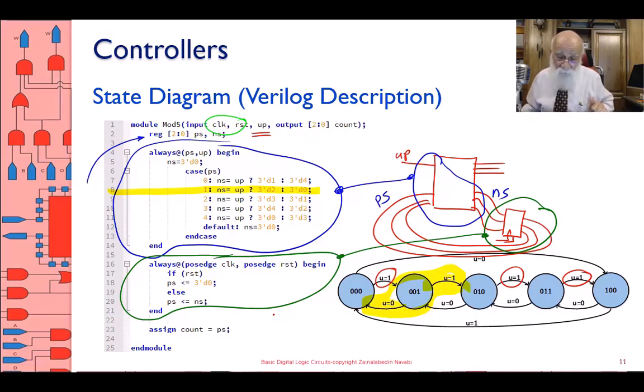I'm also showing in this diagram some outputs. In this particular description, the outputs are just the count outputs. I'm separating the outputs from the states of my machine, but my count output is really nothing but my present state.